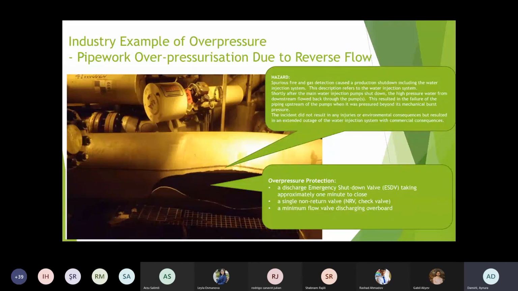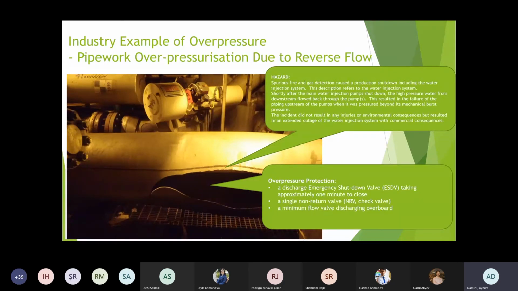Since this is shorter than the time it takes to close the discharge isolation valve, these valves are not an effective barrier in this system. Even though we put in a control measure, it was not designed properly.